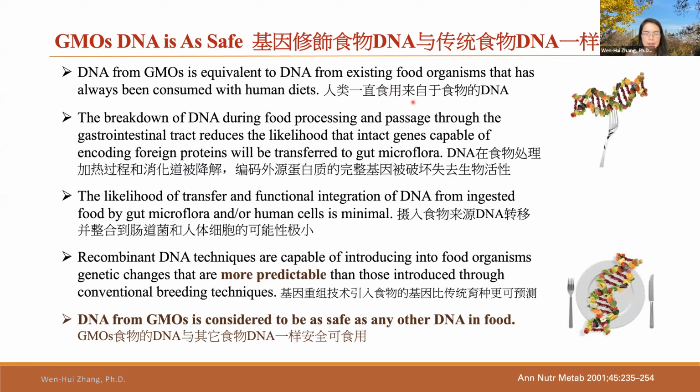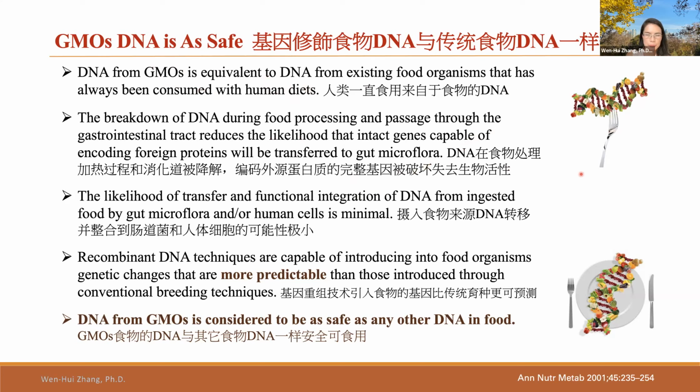We have been consuming foreign DNAs from food. Like when we eat meat, we consume the DNA from animals. And when we consume vegetables, we consume DNA from the plants. So we have been consuming foreign DNAs.